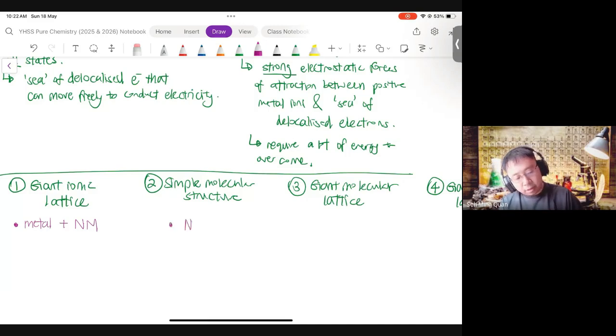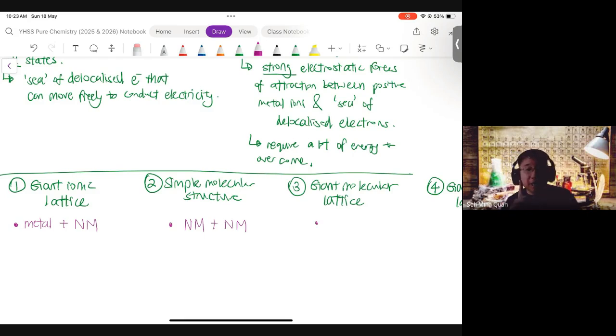Next, simple molecular usually is non-metal plus non-metal, 90% of the time. Carbon dioxide, okay? Carbon tetrachloride, CCl4. Water, H2O. H is a non-metal, O is a non-metal.